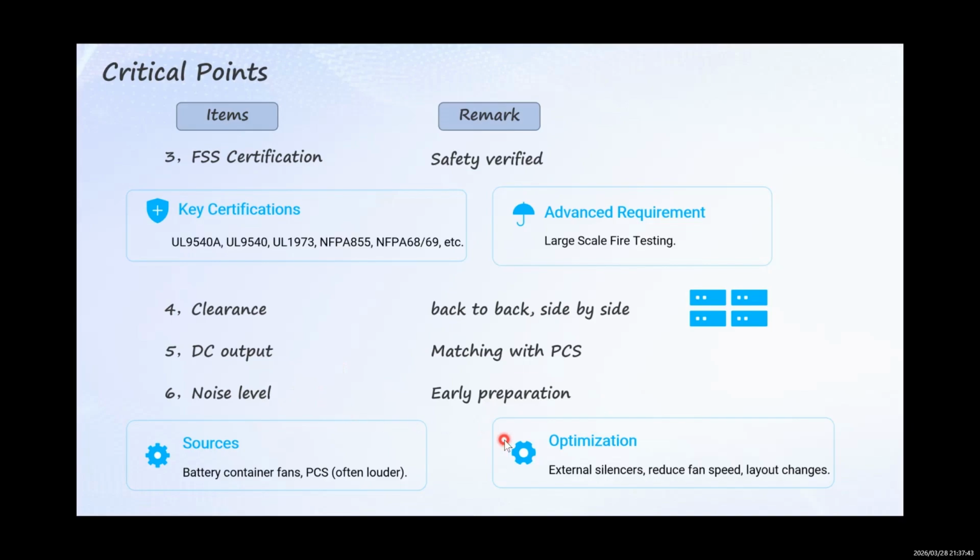Adding an external silencer, reducing the fan speed of liquid cooling units, or changing the layout may optimize the noise level. I suggest, if required, the earlier the better.